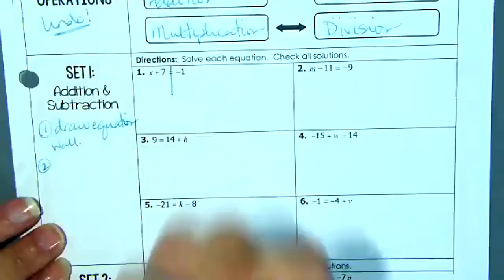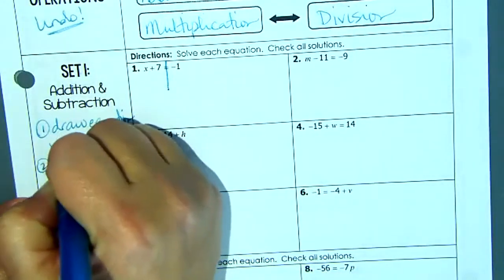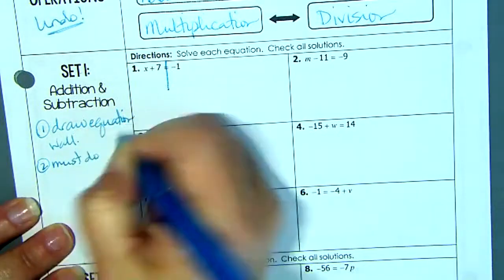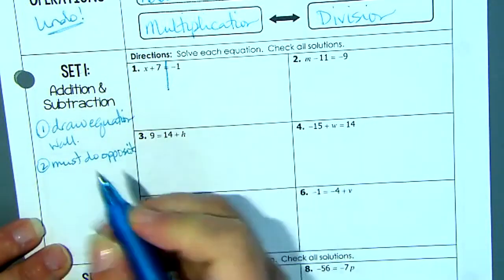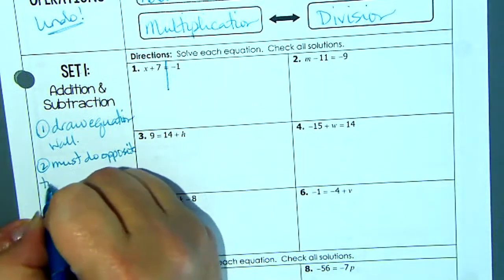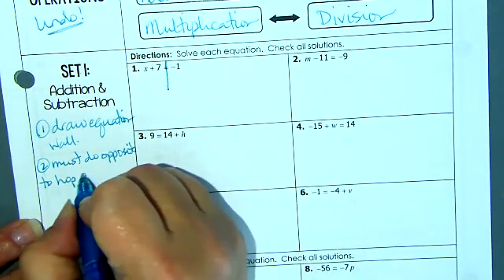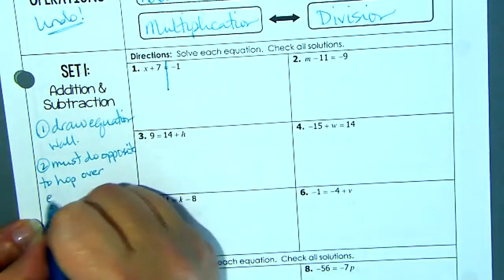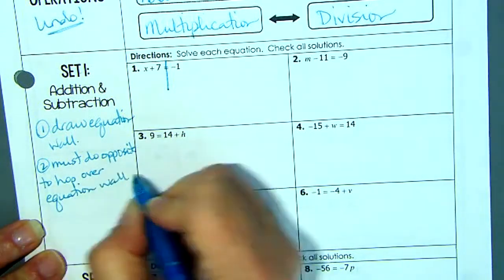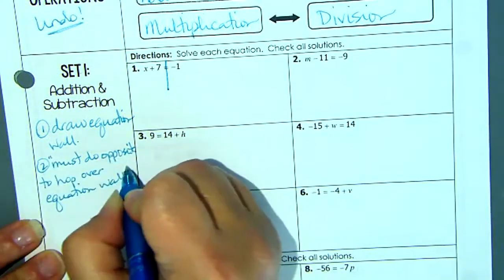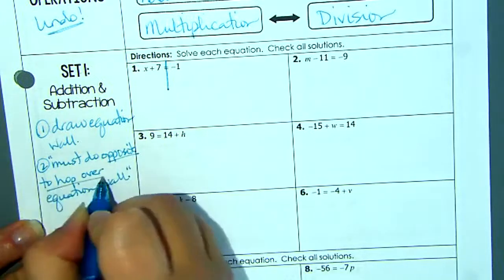Step 2, remember you must do the opposite to hop over the equation wall. Just kind of a little thought process to think about what you're doing.